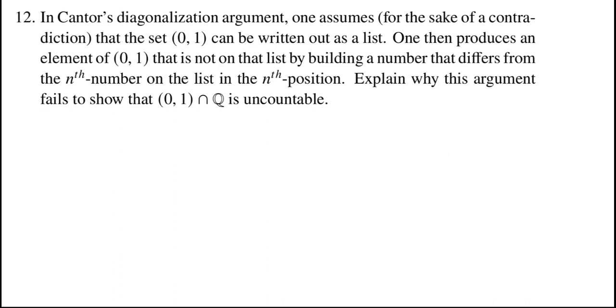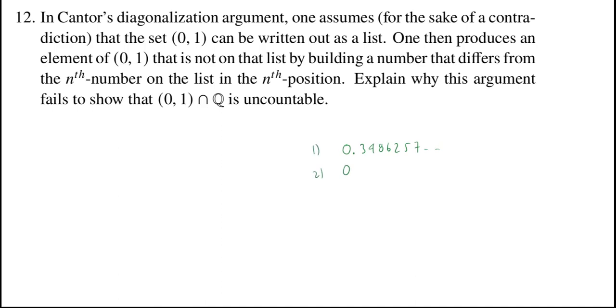All right, so in problem 12, we're talking about Cantor's diagonalization argument. It says that one assumes, for the sake of a contradiction, that the set (0, 1) can be written out as a list. So let's recall what you would do: we put all the numbers from 0 to 1 in order. Maybe one of them looks like 0.348627, etc. This is number 1.